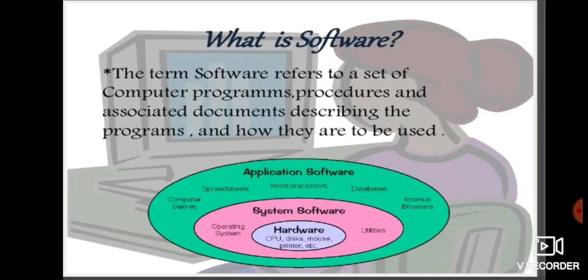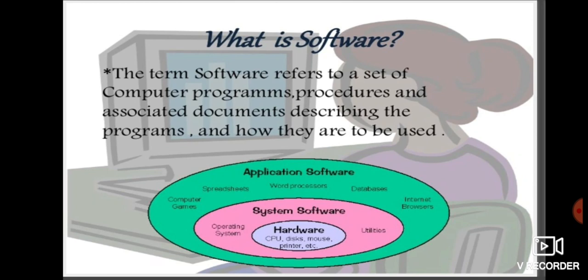So eventually we can classify software as the term which refers to a set of computer programs, procedures and associated documents describing the programs and how they are to be used.